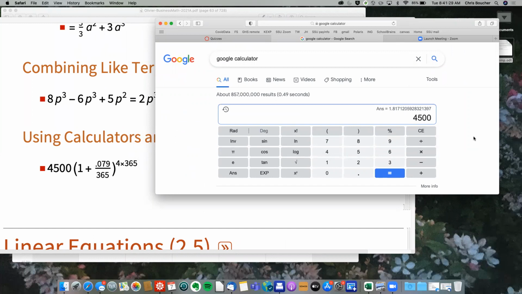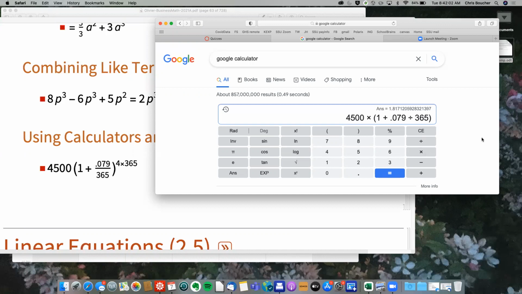When the number's right next to the parenthesis like that, that's understood to be multiplication. So I'll go ahead and hit times. Then I have a parenthesis. 1 plus 0.079 divided by 365. Close parenthesis.